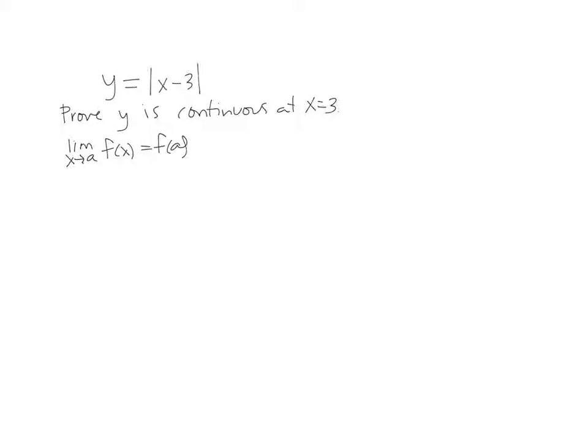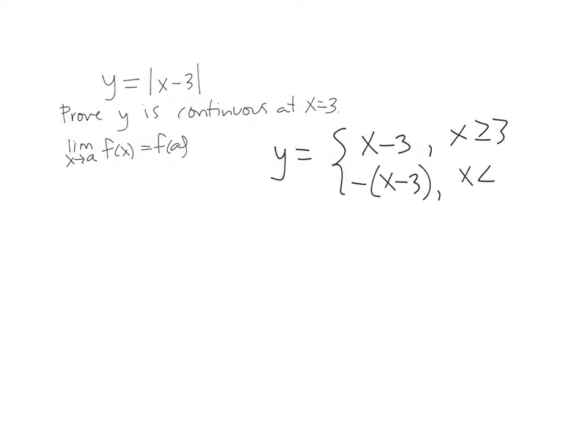Okay, so what you're supposed to do in this question, if you're asked it on a written response, you're supposed to say, well, y is equal to, like Alex said before, we have the positive and the negative, and that's for when x is greater than 3, and this is for when x is less than 3. Okay, and that's how absolute value functions work, because 3 would be a 0.